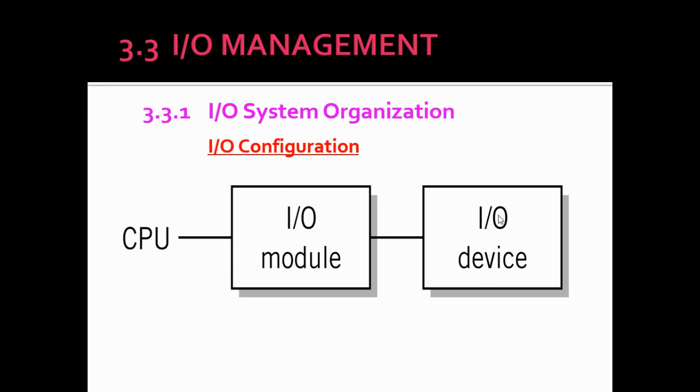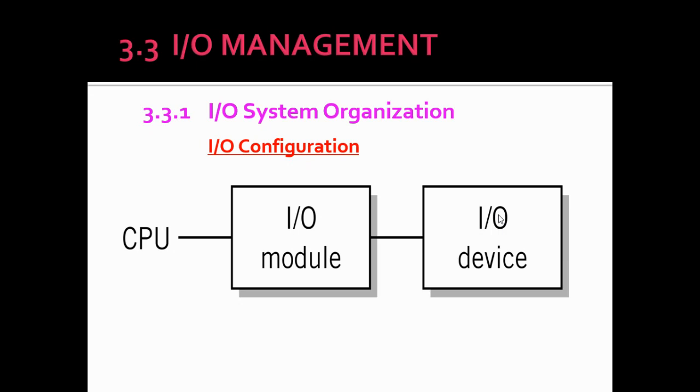For example, the USB. You might have 5 USB ports in your laptop or PC. That does not make it 5 input output modules, because USB ports are all the same and all connected into one. So you will have one input output module for all the USBs.